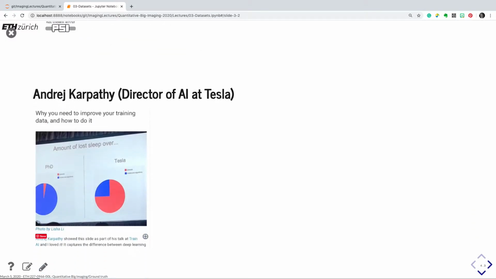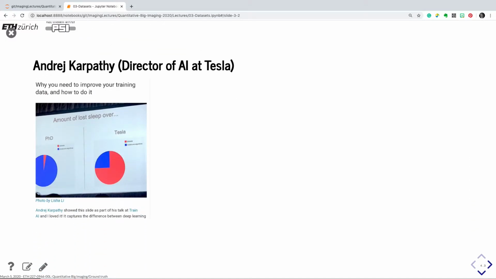And the other thing is a screenshot from a lecture. In principle, what it is saying is that in a PhD project you have this much data and you spend this much time getting the algorithms to work.